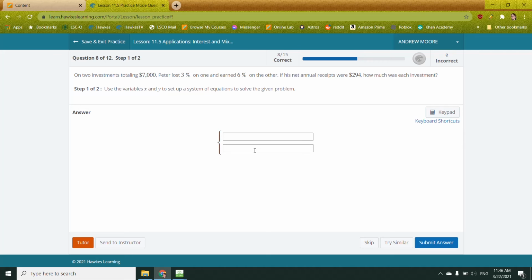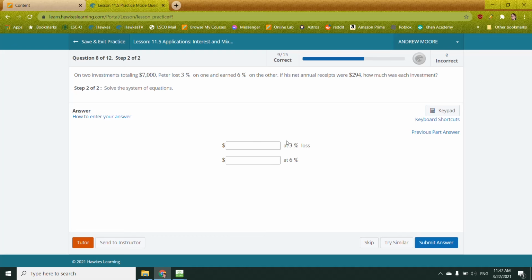We're supposed to set up our equations first. So we got x plus y is equal to that 7,000. And then we had our negative 0.03x plus our 0.06y equal to 294.